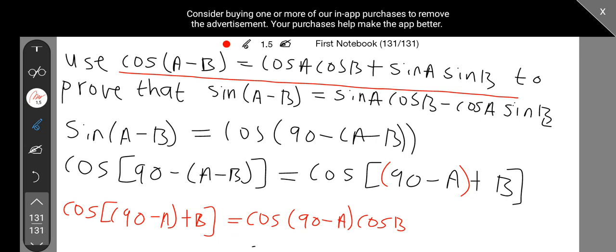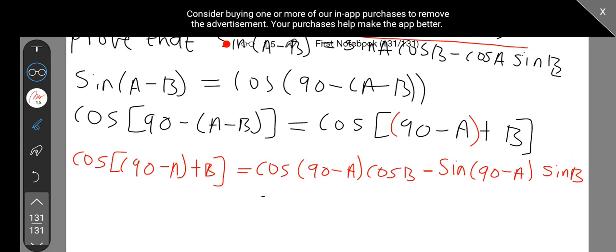This means that on the outside we're going to have negative, because we've got positive on the inner side. So we're going to have the sine of (90 − A) multiplied by the sine of B, and this is it.